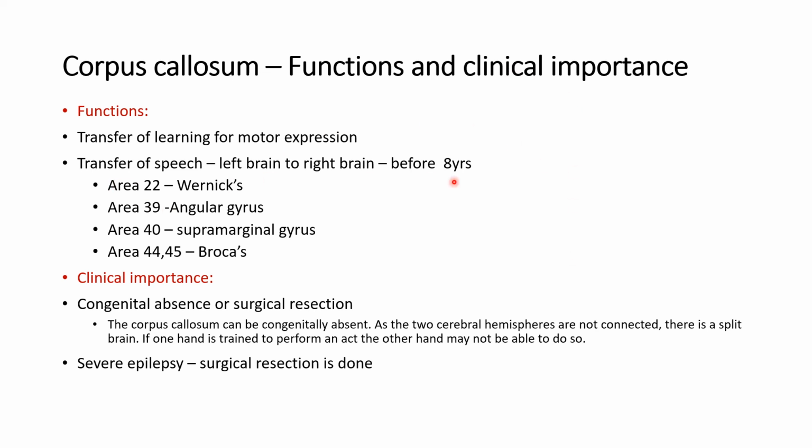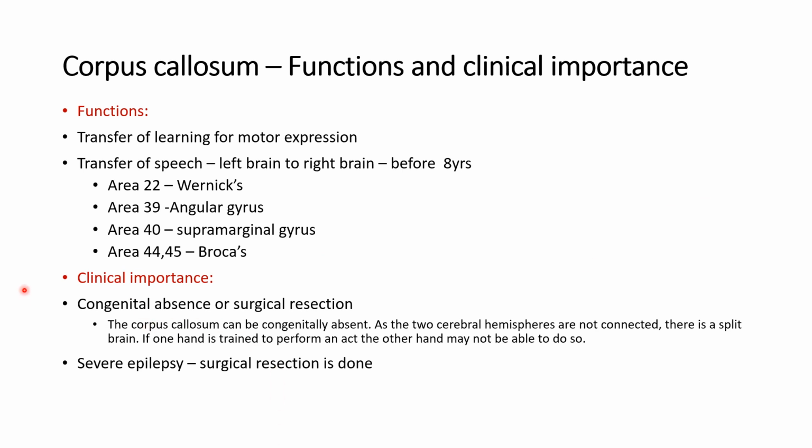So it is involved in the transfer of speech from left brain to right brain before 8 years of age. The areas involved in speech are area 22, area 39, area 40, and the motor speech area of Broca, areas 44 and 45, in relation with the inferior frontal gyrus.